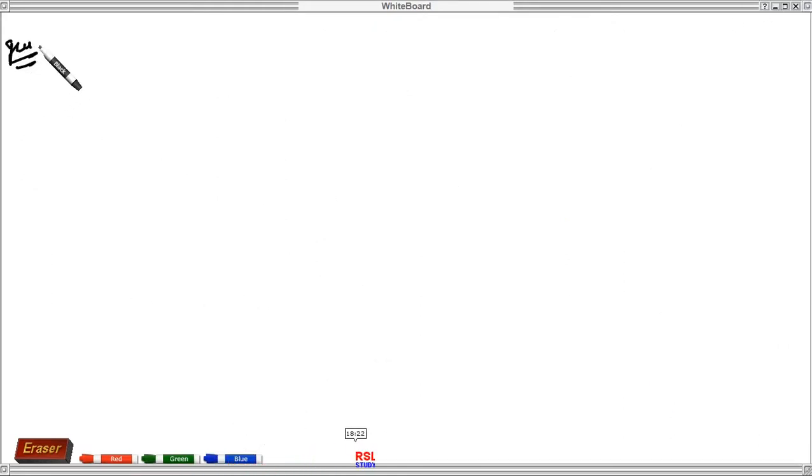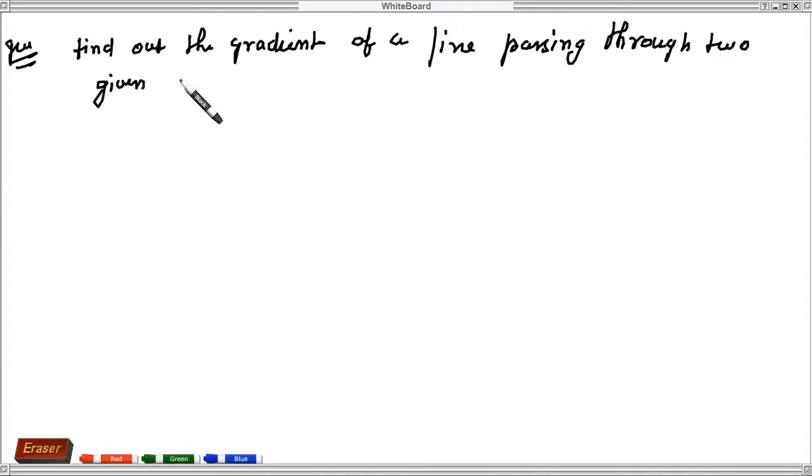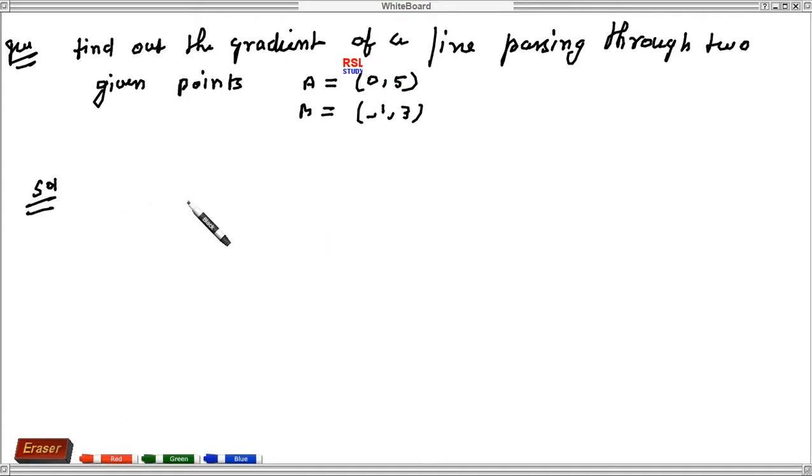Now we will see another question. The question is to find out the gradient, or that is slope, of a line passing through 2 points given.